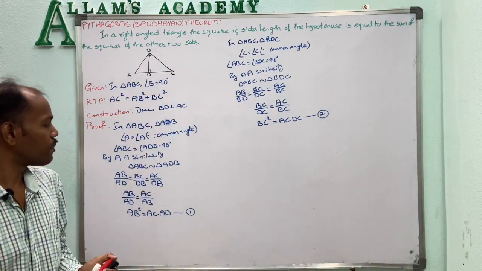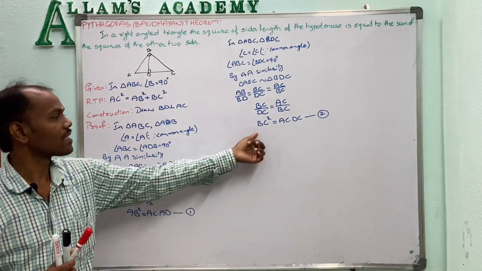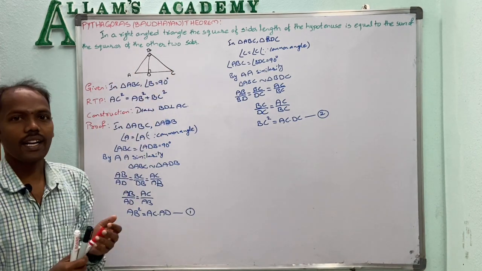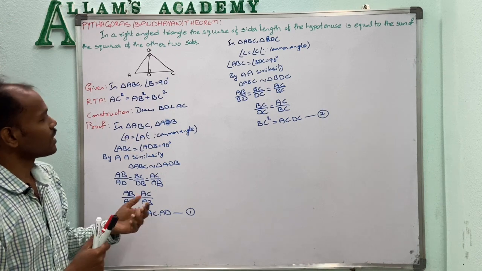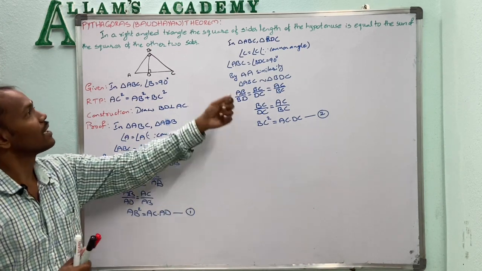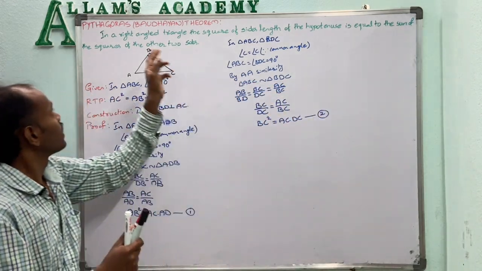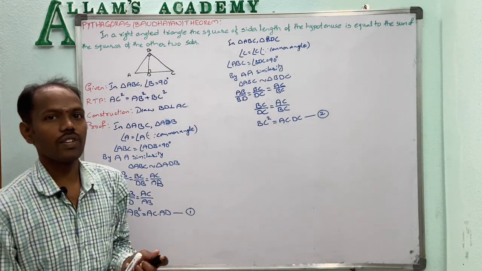Now if we observe AB square and BC square, AB and BC are the sides of the triangle. Here the statement says the sum of the squares of the sides, so for that purpose we add equation 1 and equation 2.